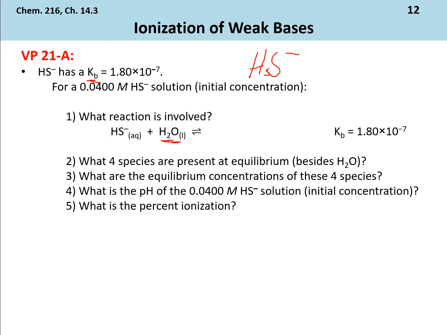What's that going to leave behind? Go ahead and figure out the 4 species present at equilibrium. What are the equilibrium concentrations of these? What is the pH of this 0.04 molar HS minus? And then finally, what's its percent ionization? Go ahead, do that, and then we'll look it over in that problem.